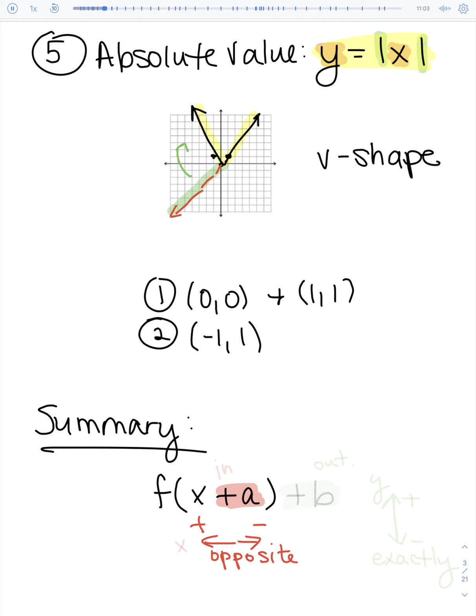However, we're also going to have another part on the outside of our function, possibly. Anything on the outside of our function is going to move us up or down. But that one will be exactly what you would think. So positives will move you up and negatives will move you down. And again, the reason it's moving you up or down on the y-axis is because things on the outside affect your y values. Things that are on the inside always affect your x values. That's why you move left or right along the x-axis.